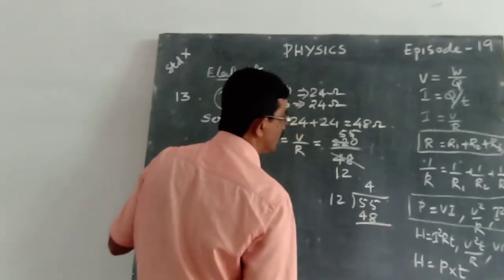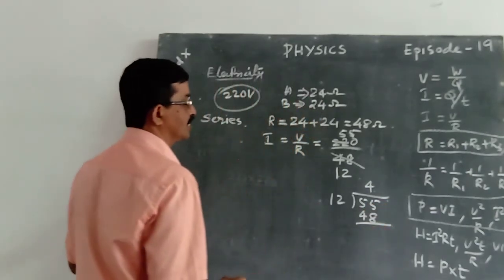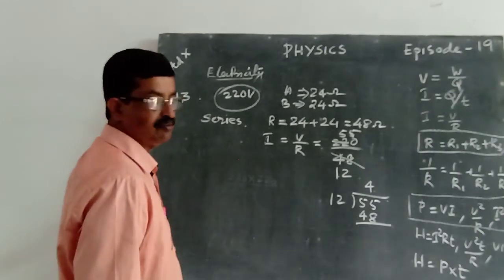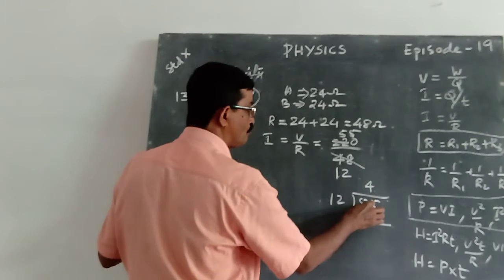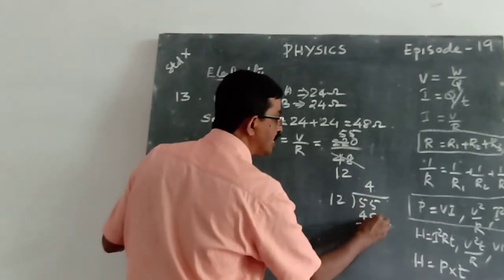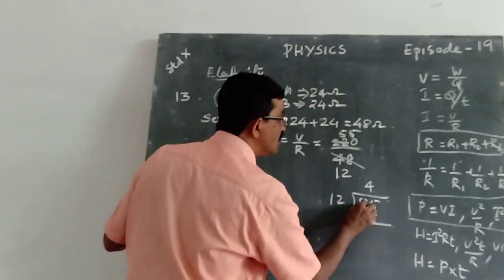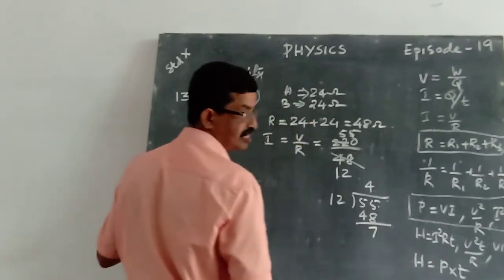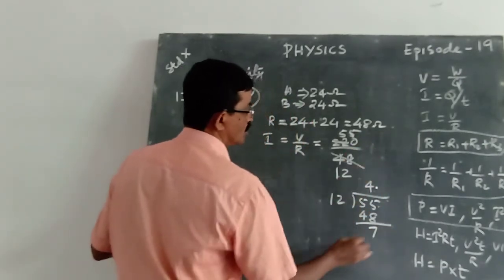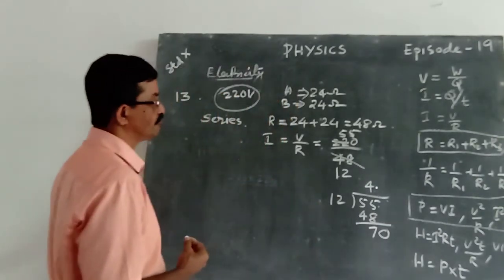Balance, how much will it come? 55 minus 48, from 5, 8 when we subtract, this becomes 15, from this 15 that will come 7. 70.